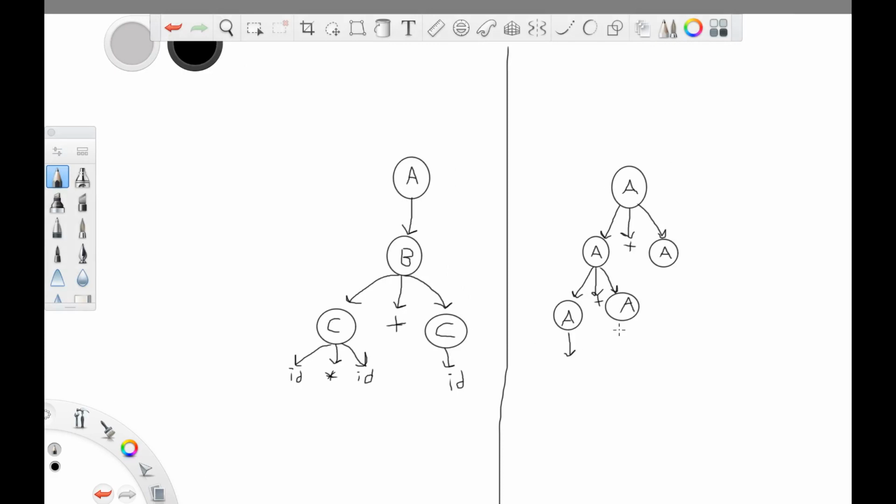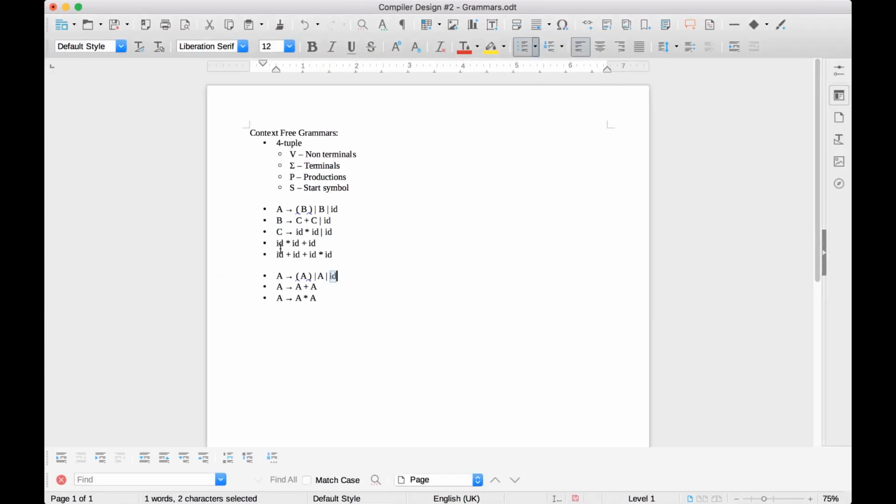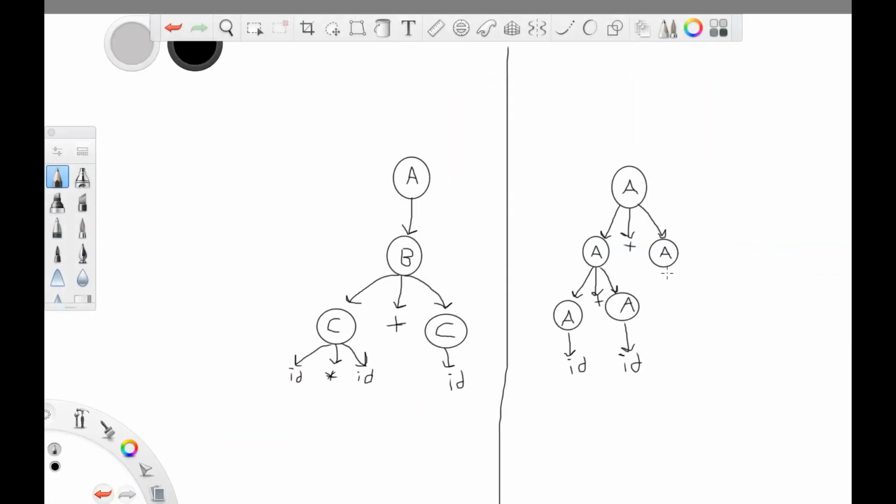So just arrows, ID, but we actually can't because we need the times, don't we? So we need to make the last A into A times A. And then we can have these two A nodes again.